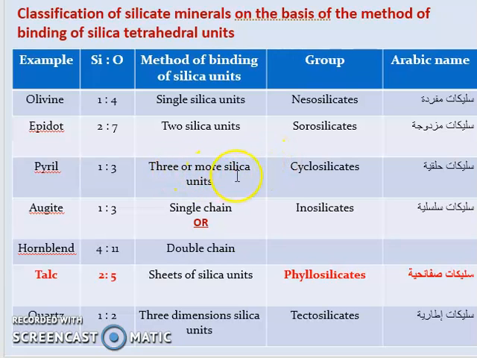Maybe 3 or more silicate units or tetrahedra, called cyclosilicate. Maybe inosilicate, it means a chain of silicate, maybe single chain or double chain. Phyllosilicate, it means a sheet of silicate units. The last one is tectosilicate, 3-dimension silicate units.